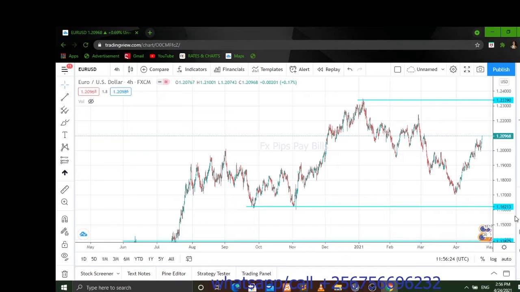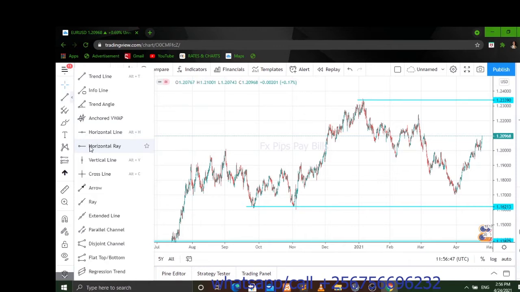Now, when you have this kind of chart, what you do is to look for points of reversal, points where whenever market reaches there, it breaks out or bounces. But at this time we're looking at bounces. So what we do is to come here.